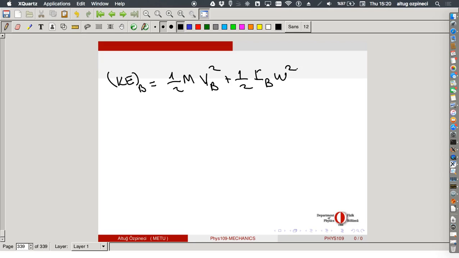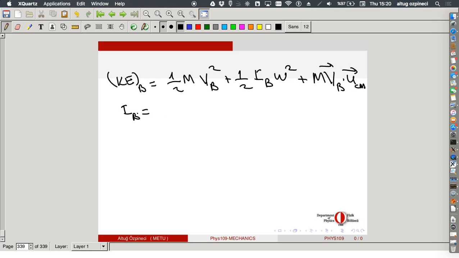But angular velocity is independent of the axis. If you change your axis, angular velocity will still be the same. So it's still omega over here, it's not omega_B. Then, of course, I have to add one more term: m v_B dot u, center of mass.